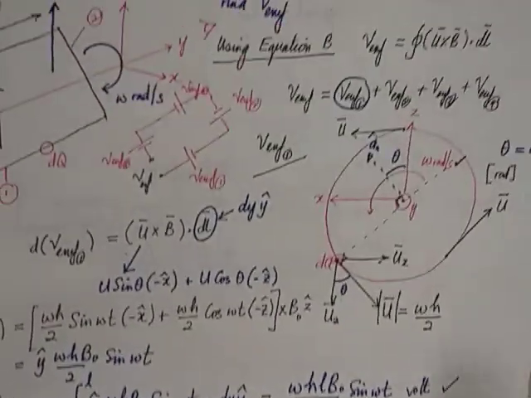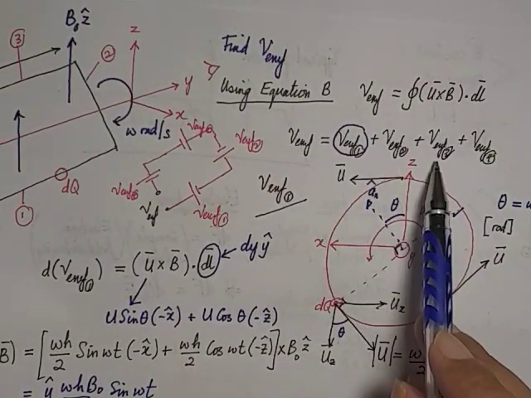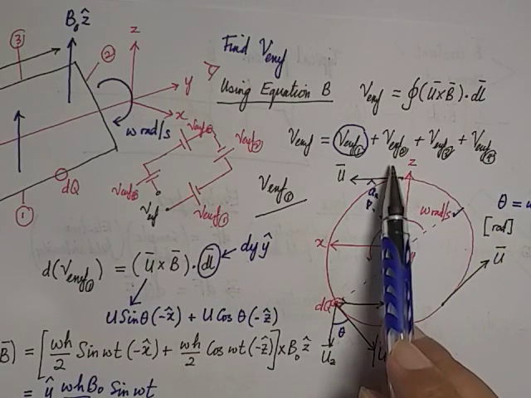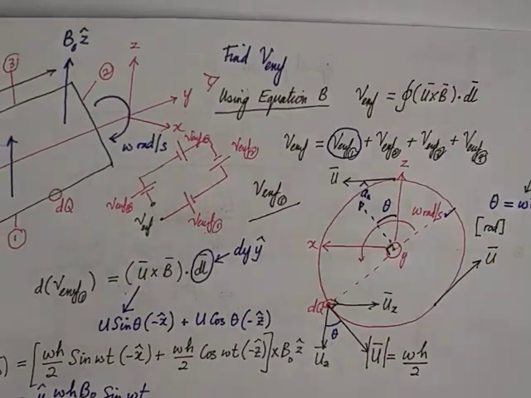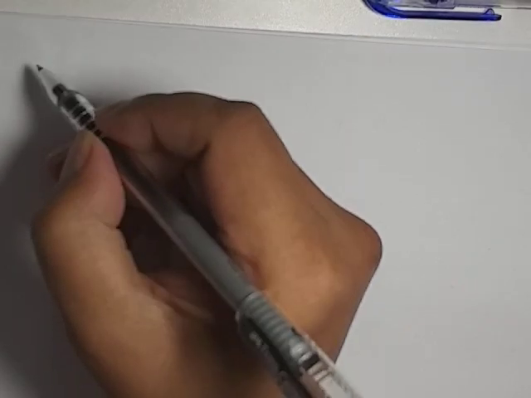We have to repeat with the other parts as well, VEMF number 2, number 3, number 4. I'm going to repeat now for VEMF number 2, just to show you the flow of how we are able to solve this problem.